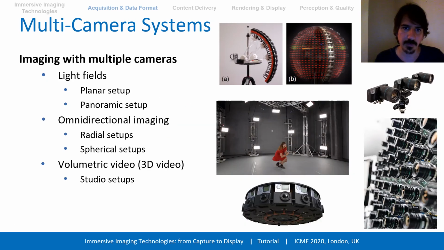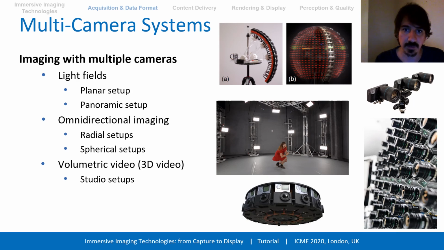Now at this point in the presentation, we've seen several systems which can be used to capture immersive imaging data using a single camera. And these systems are in general fairly easy to implement and easier to use, but they suffer from limitations. For example, systems based on a single 2D camera cannot be used to capture videos.